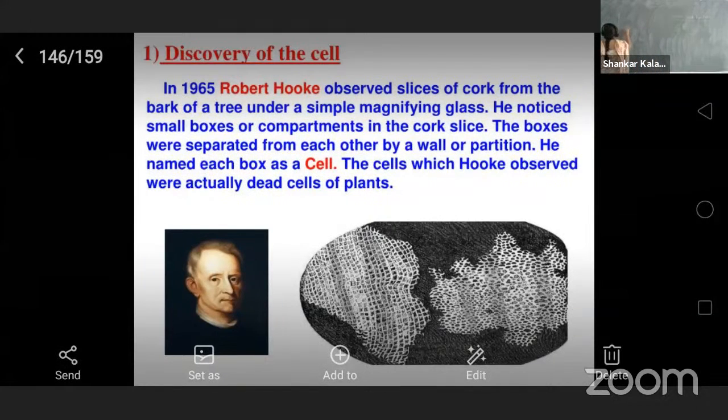Yes, you know that, students, all living things, their body is made up of cells, we say. What is this cell? Cell is a structural and functional unit of life, we say that. Structural and functional unit of life.